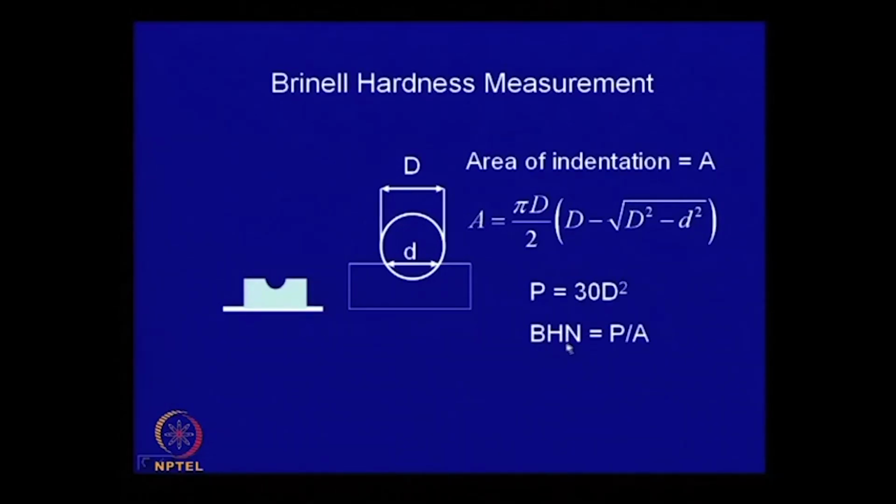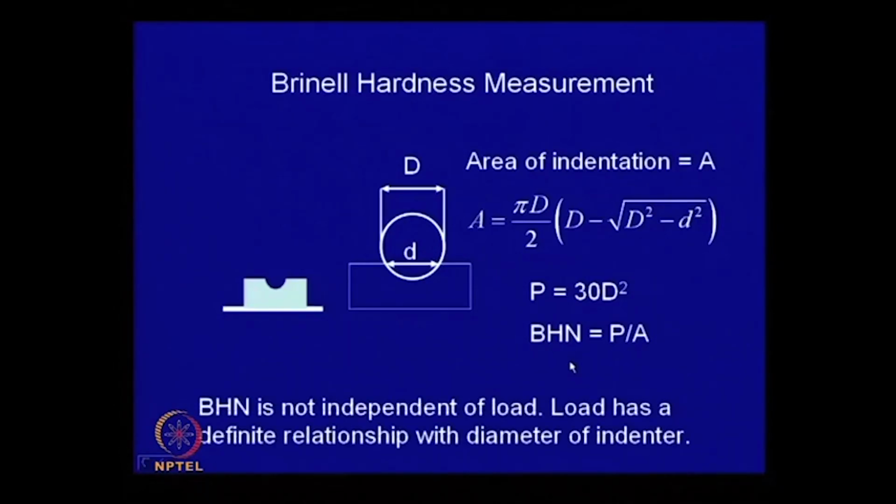And hardness, Brinell hardness number, is defined as load over this contact area, and Brinell hardness number is not independent of load. There are guidelines for selection of load. For example, in the case of steel, you use this expression to calculate what load you need to apply.